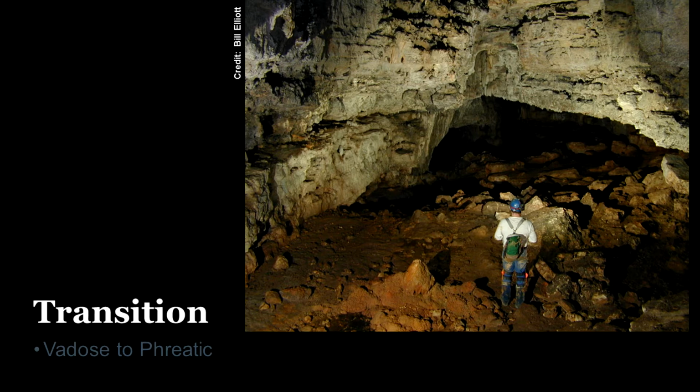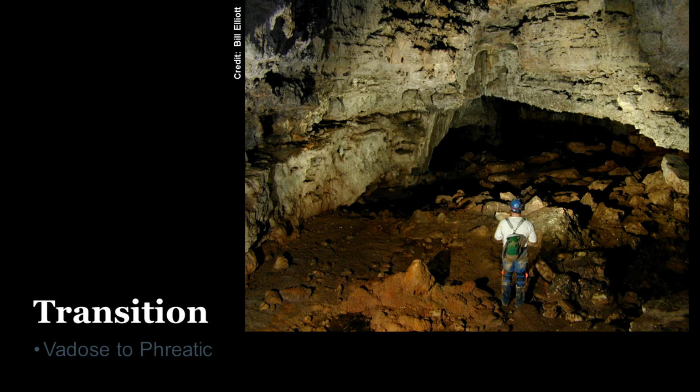And finally, this is an example from a cave in south central Missouri that I interpret as the transition from vadose to phreatic, at the point in the passage where the person is standing. The vadose part of the cave is sort of behind the person where the photographer is standing. And that was a much more vertically oriented, narrower passage.